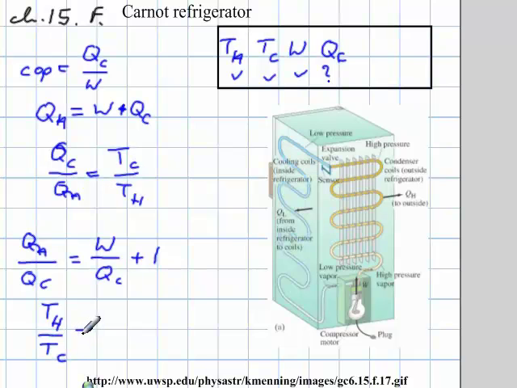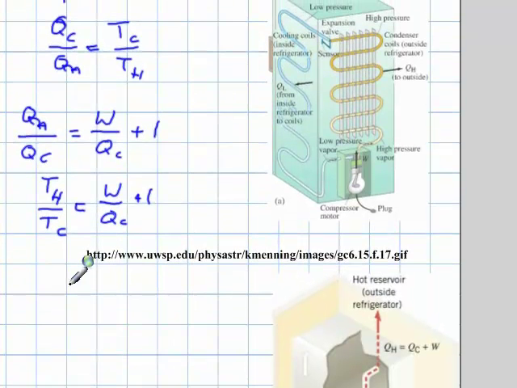TH over TC equals W over QC plus 1, and then I solve that equation for the heat that is being removed from the inside of the refrigerator, and that, if you want to look at the algebra yourself, is going to be: get the 1 to the other side, multiply by QC, and then divide by the TH over TC minus 1, so QC equals W over TH over TC minus 1.